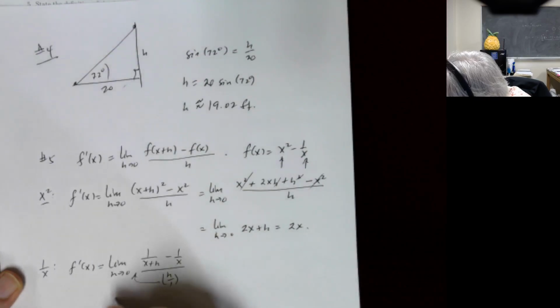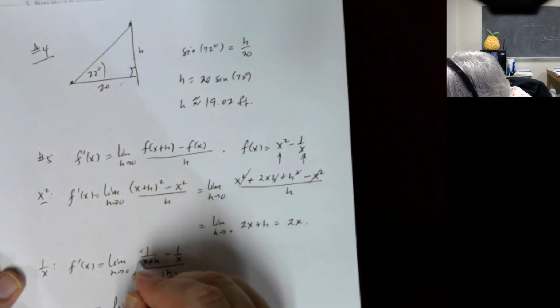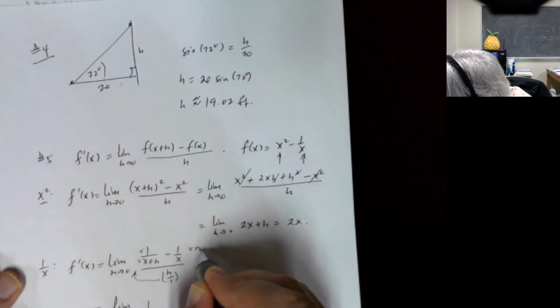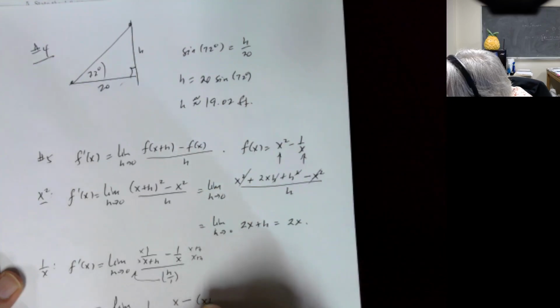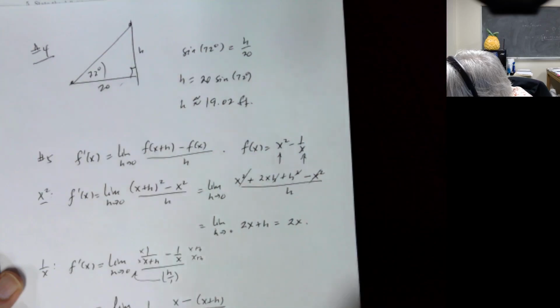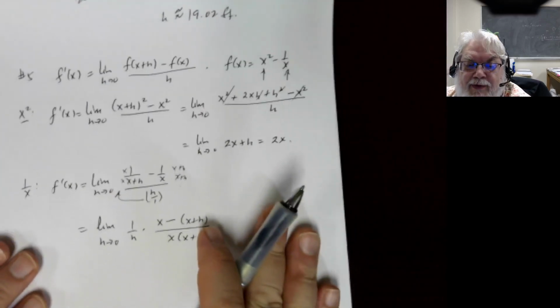That would be the limit as h goes to 0. I'm going to have that 1 over h sitting here. And then for this fraction, I'm going to multiply the first fraction by x over x, and the second one by x plus h over x plus h. And so I'm going to end up with x minus x plus h divided by x times x plus h. Okay, so that's how I get my common denominator, right? Oops, and of course I'm running off the page.